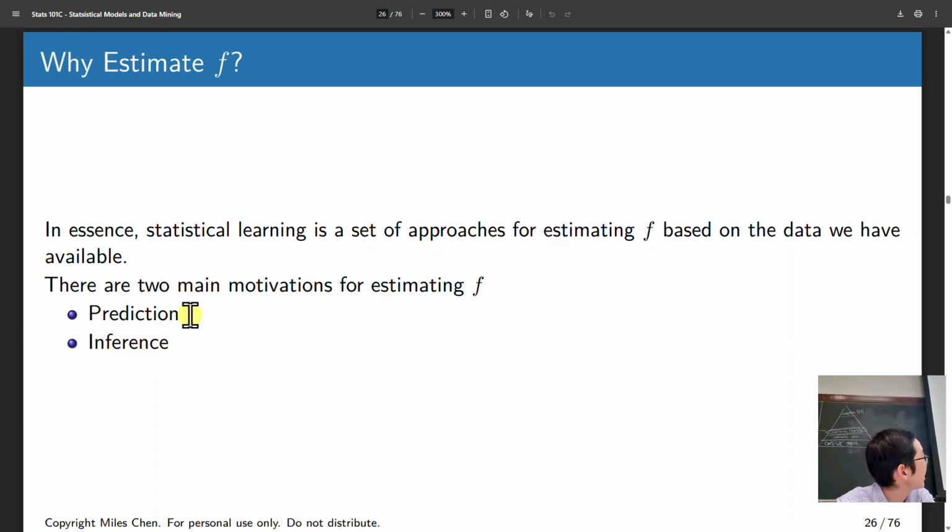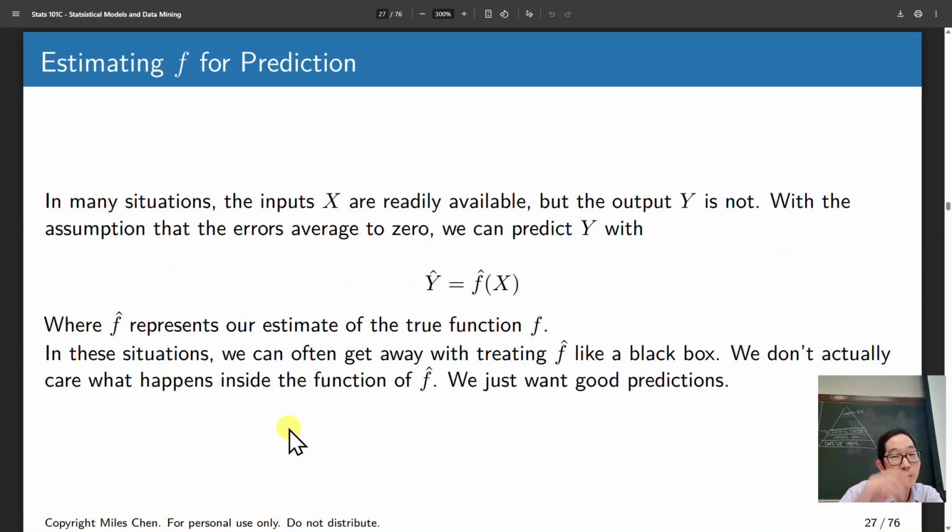Lately it's all about prediction, okay? But inference is trying to get meaning and insight from it, okay? In a lot of our situations, all the inputs are readily available, but the output Y isn't always.